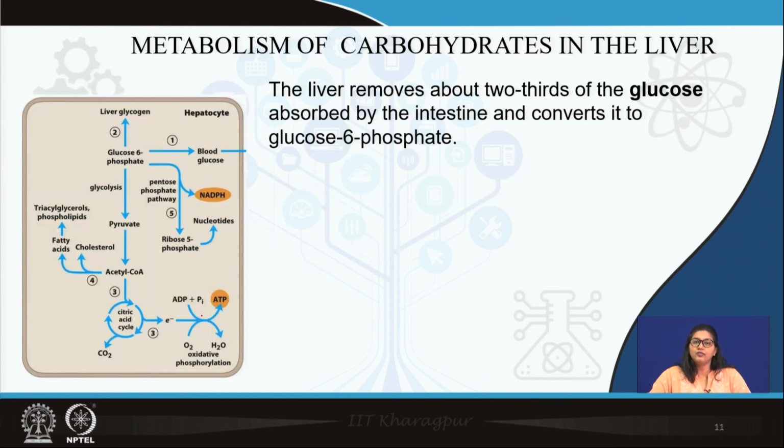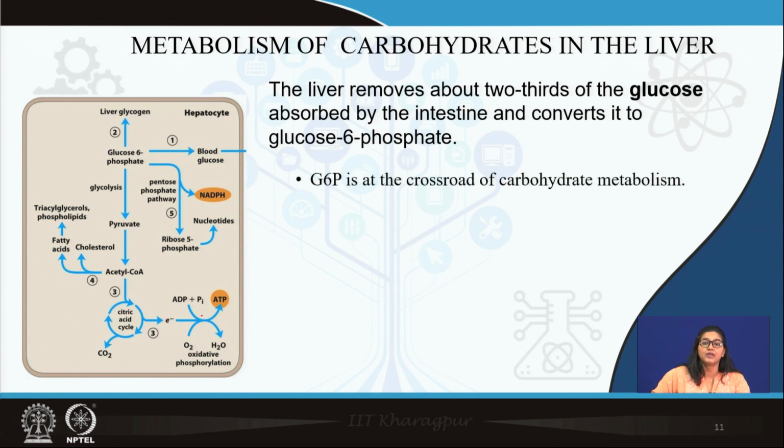Now, how does liver handle carbohydrates? Liver removes around 2/3 of the supplied glucose from the intestine, absorbs it and converts it to glucose 6-phosphate. Now, this is very important. This molecule is present at the crossroad of carbohydrate metabolism. When glucose is converted to glucose 6-phosphate, it is entrapped within the cell.